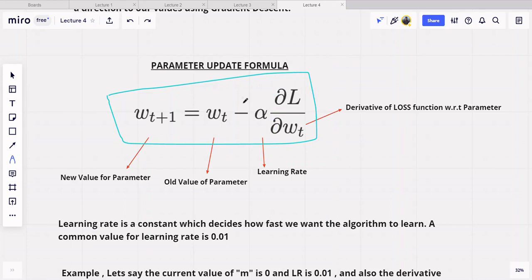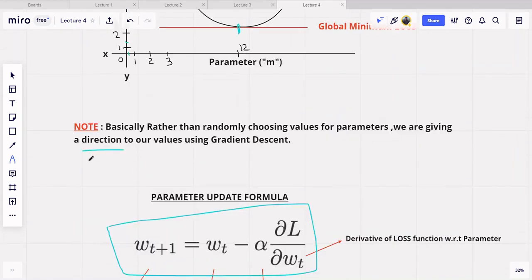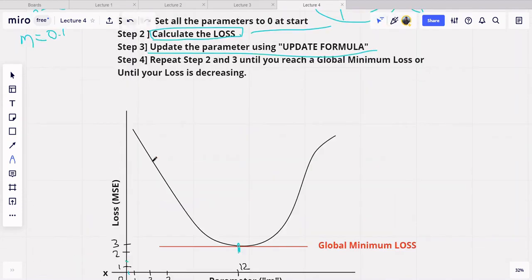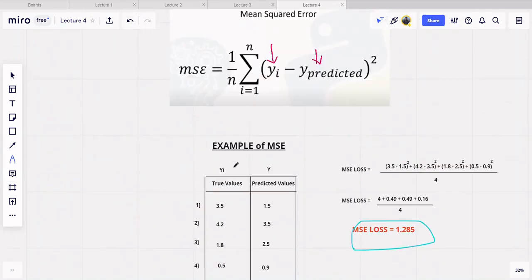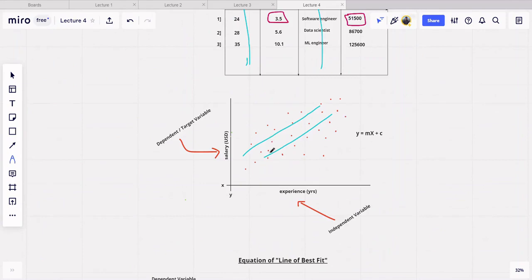The main reason that I use the word direction, emphasis on this word, is that, as I said, there are infinite possibilities, an infinite set of values that we can use for our m parameter here, and there are infinite lines that we can put here.